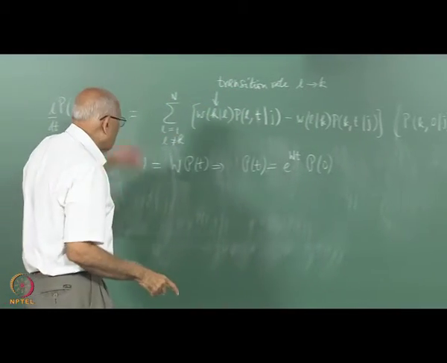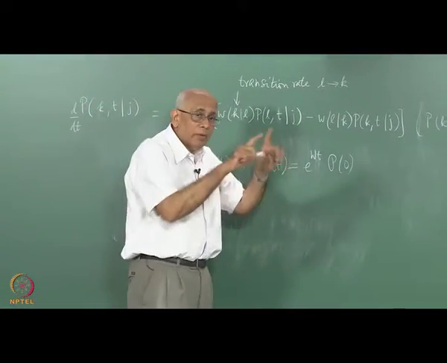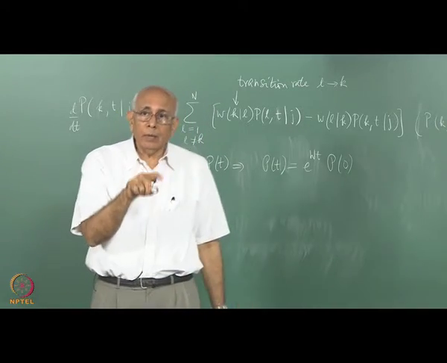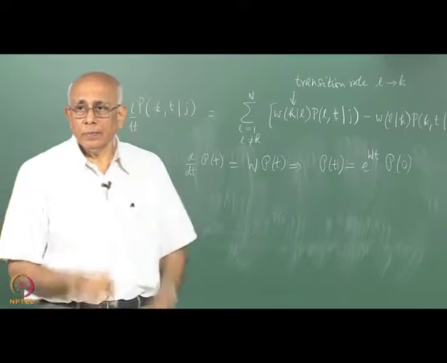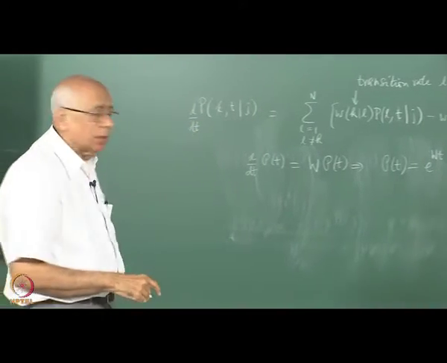And in the case we are talking about, this P of 0 is a column vector in which the elements are all 0 except for the jth row which has got 1, because you are starting with the state j.